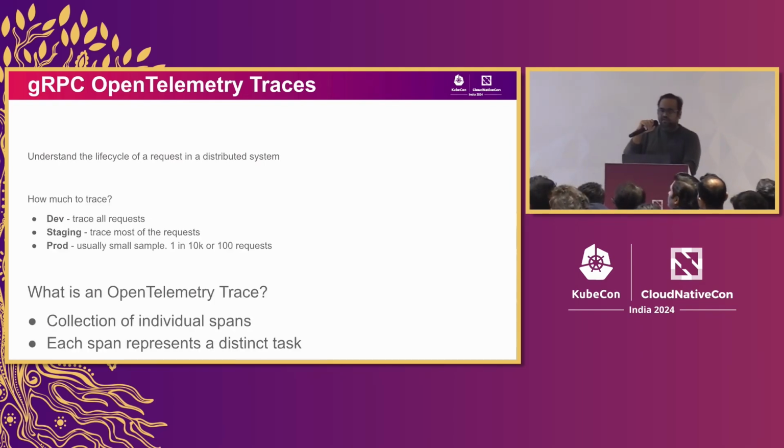Okay, so let's dive into exactly how the tracing part works. At the heart of a trace is a single request going through the application. Its journey is tracked by a trace, and then the trace is further divided into smaller spans, and each span is like a small distinct unit of work.